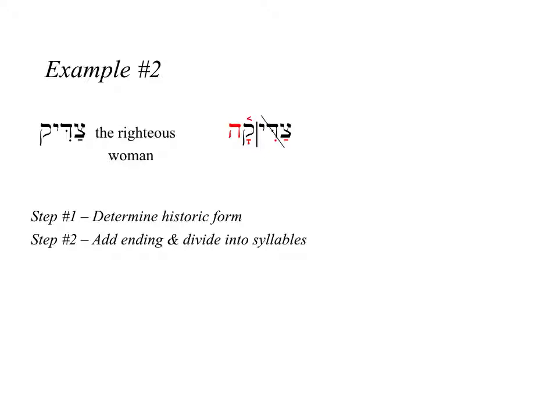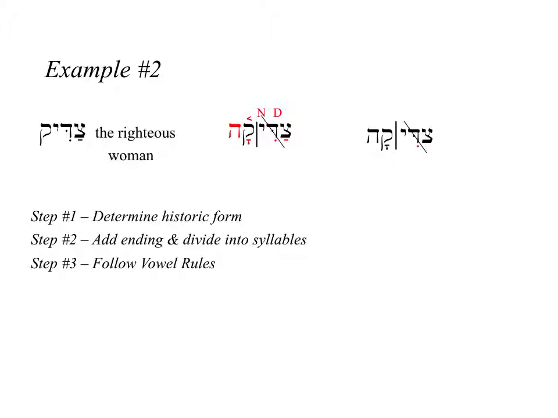Now, we mark the accent. We also mark the near syllable, which includes the second dalet and the hirik yod, and then we mark the distant syllable, which includes the tzadi, the patach, and the first dalet. Now, we follow the vowel rules. Is anything going to happen to the historic long vowel?